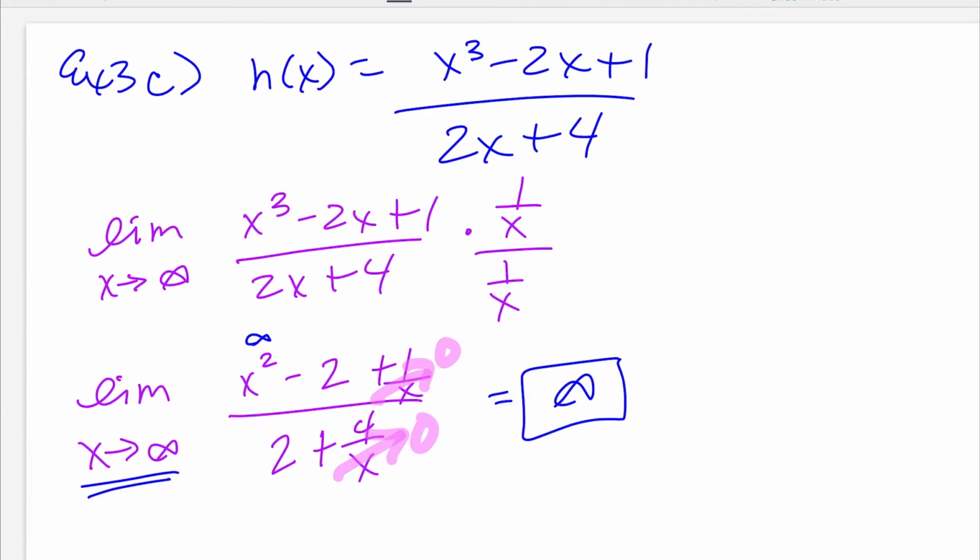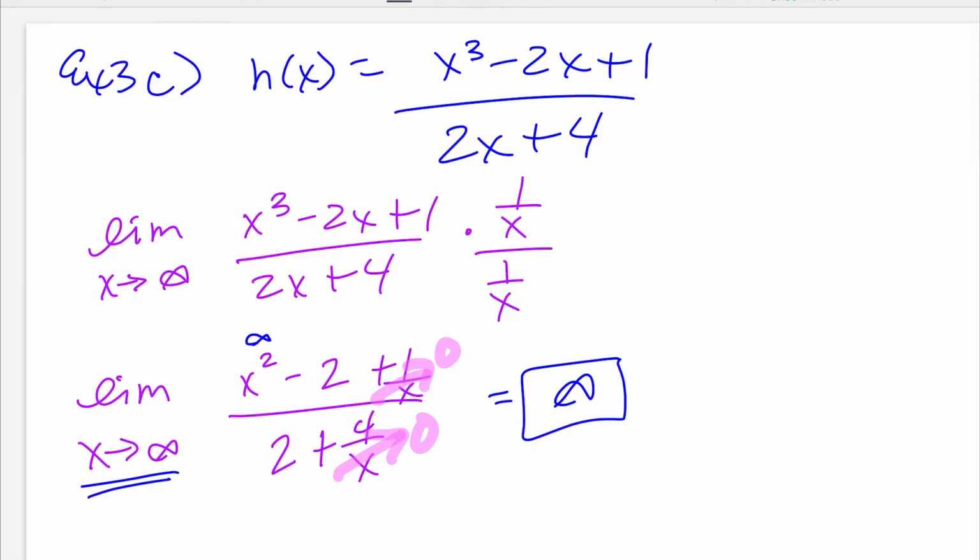Think back about this for just 1 second. That numerator is way bigger than the denominator. Because my numerator is way bigger than the denominator, it stands to reason that this whole limit is going to go to infinity. Whether I put positive infinity or negative infinity in here, it's going to be the same thing.